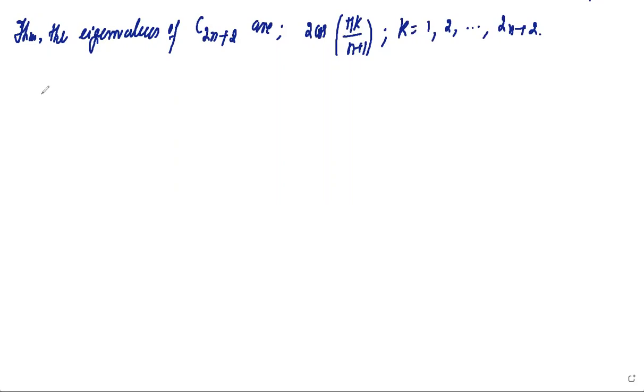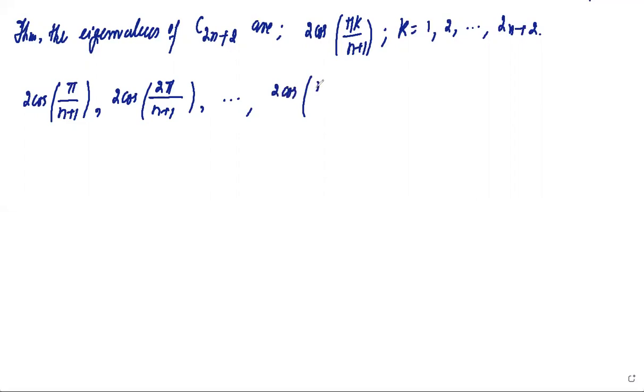When we put k equal to 1, we get the eigenvalue 2 cos(π/(n+1)). Then for k equal to 2, it is 2 cos(2π/(n+1)), and so on. When we put k equal to n, we get 2 cos(nπ/(n+1)), and then for k equal to n+1, we get 2 cos((n+1)π/(n+1)).